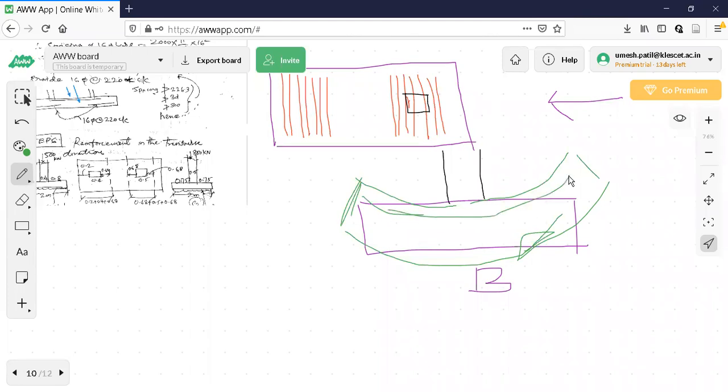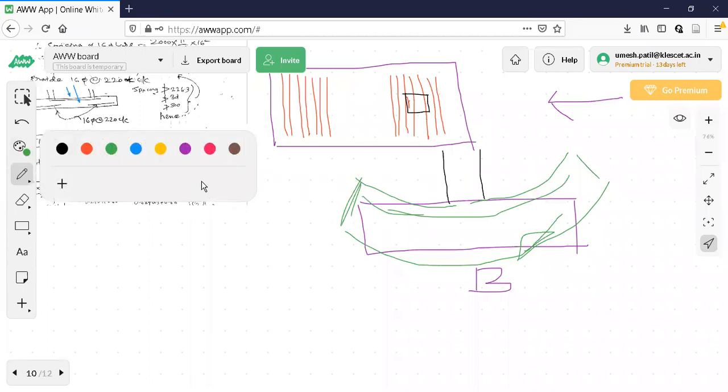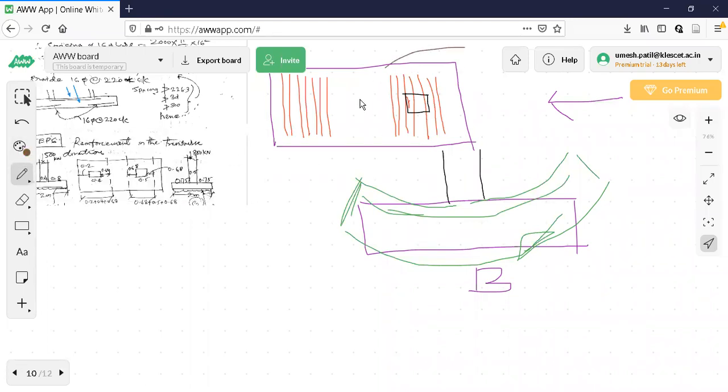It is observed that this phenomenon takes place only near the columns, not everywhere. In between the columns, this type of phenomenon is not occurring. So in and around this column, this is observed.